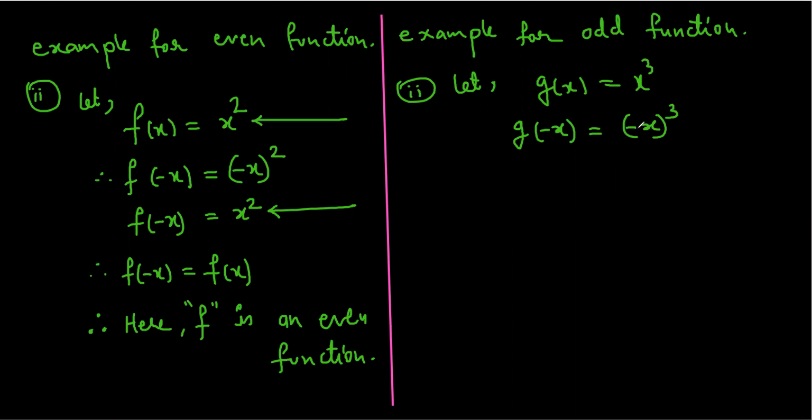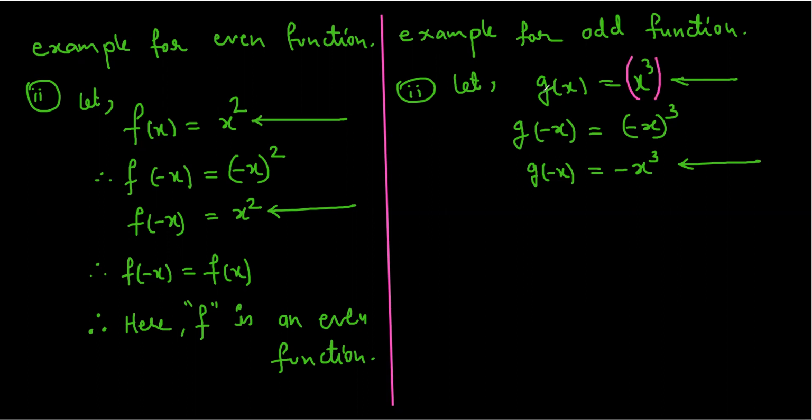Now, you know negative x cube means you multiply negative x thrice. When you multiply negative x thrice, the result will be negative of x cube. So g of minus x is minus of x cube. Now you check these two. What do you notice? Is g of x the same as g of minus x? No, they are not equal.